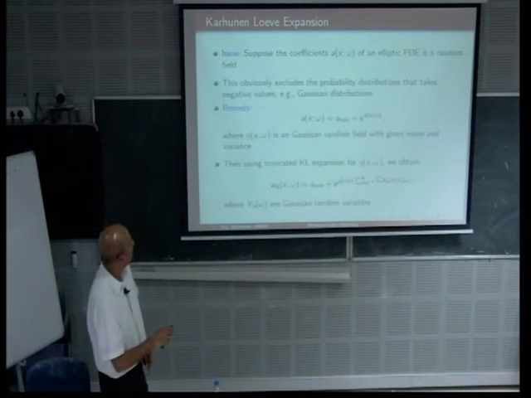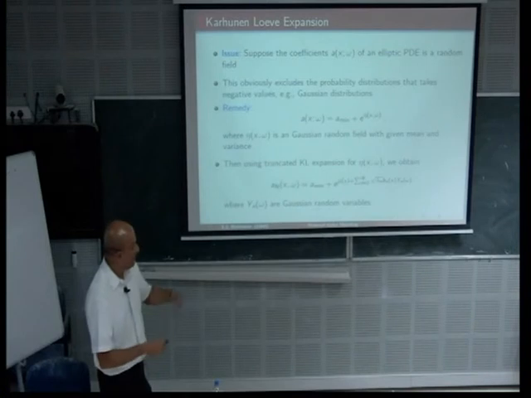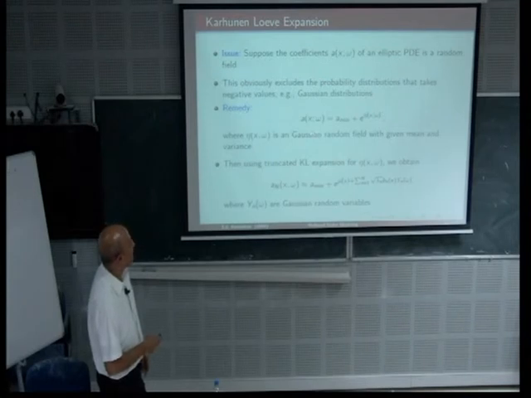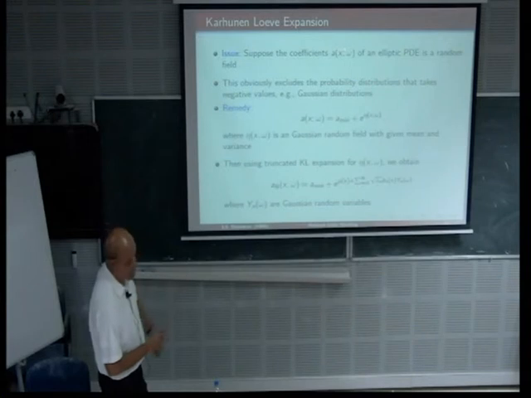Well, suppose you have an elliptic PDE. I gave an example, a diffusion equation, with a random field coefficient. Then you cannot assume this to be Gaussian because a Gaussian can take negative values, right? That becomes an issue for the well-posedness of the elliptic PDEs. I skipped that when I was talking about the heat equation. I said Gaussian, but I knew you wouldn't catch it. So this is a simple remedy to deal with these kinds of coefficients. If this is Gaussian, you simply exponentiate it and then apply the Karhunen-Loève expansion to it.